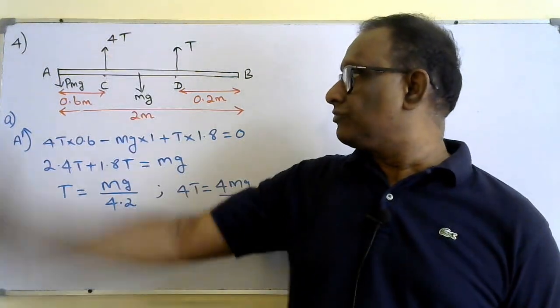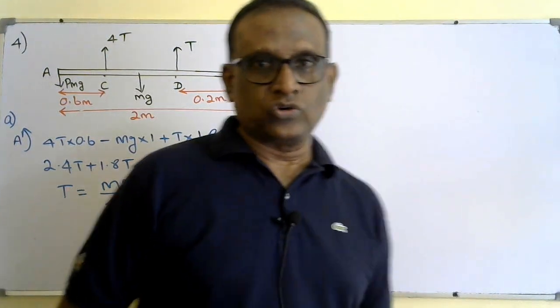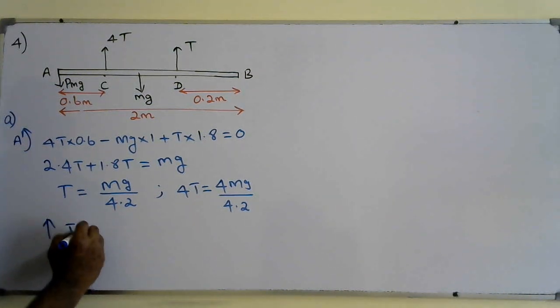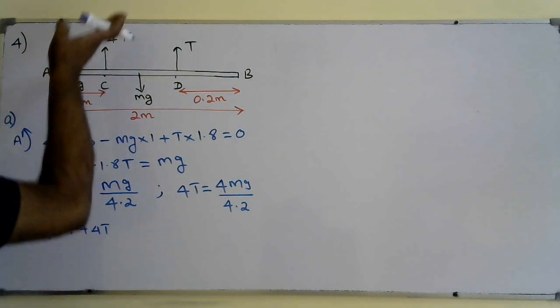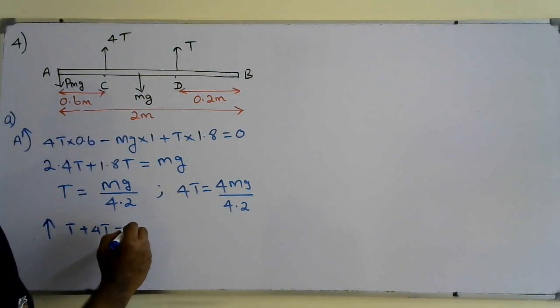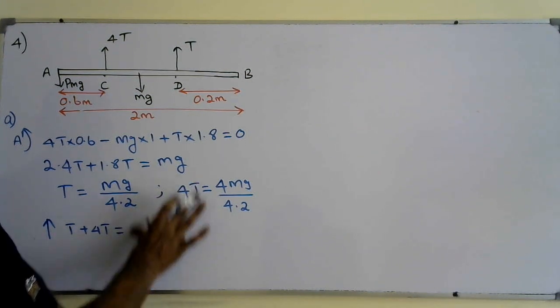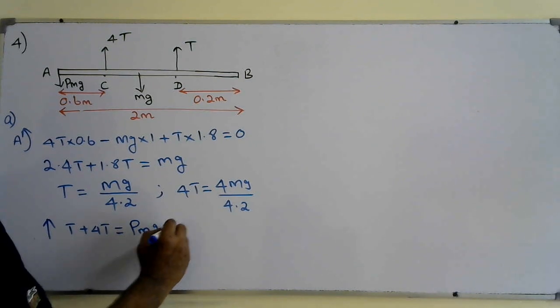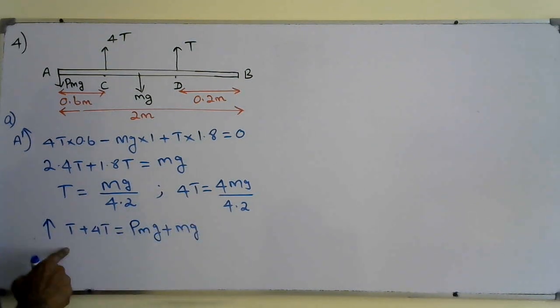That is, the resultant force in the vertical direction must be 0. Means when I consider the upward direction, T plus 4T must be equal to the total downward force, that is PMG plus mg.